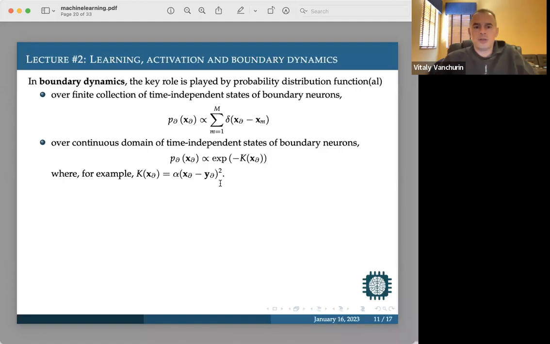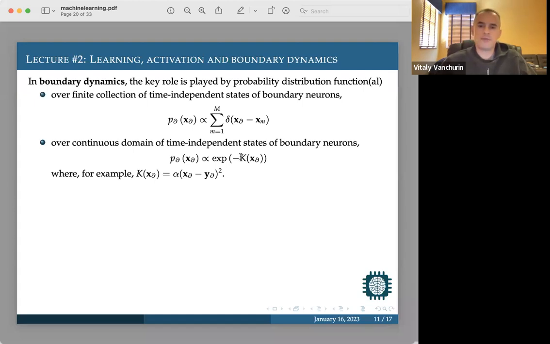Now, more generally, you can have a probability distribution. We usually in physics like to take a log of the probability distribution, and then the probability distribution is expressed as an exponent of something. And that something can be anything at all. The simplest non-trivial example, where your distribution would actually be normalizable, is if that something is a quadratic function, and then the distribution is a Gaussian distribution.